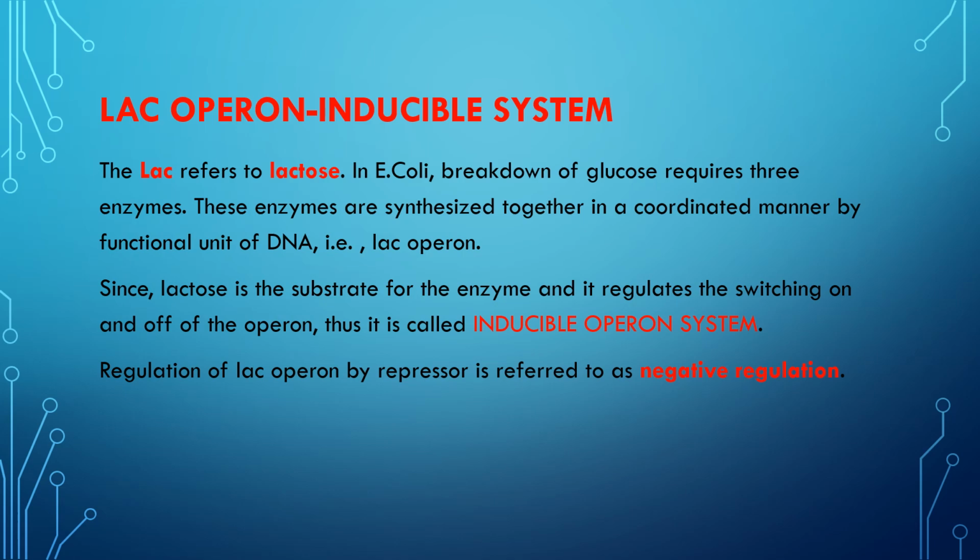These enzymes are synthesized together in a coordinated manner by a functional unit of DNA, and that is lac operon. Since lactose is the substrate for the enzyme and it regulates the switching on and off of the operon, it is called inducible operon system. Regulation of lac operon by repressor is referred to as negative regulation.